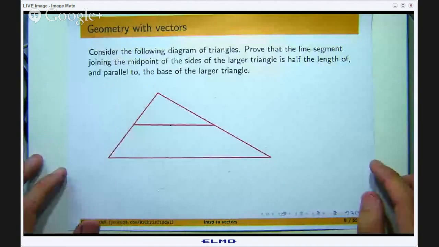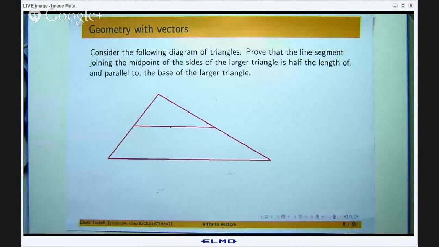Okay, so let's do an example. Here I'm going to show you how to use vectors to prove a result from geometry. In particular, this result and the ideas here involve the following triangles.